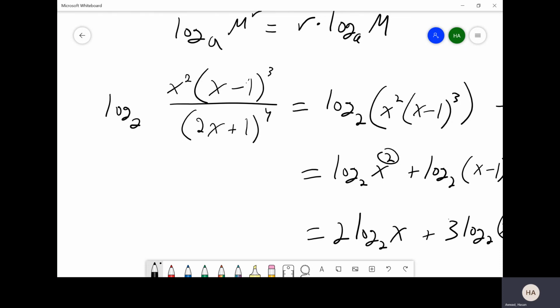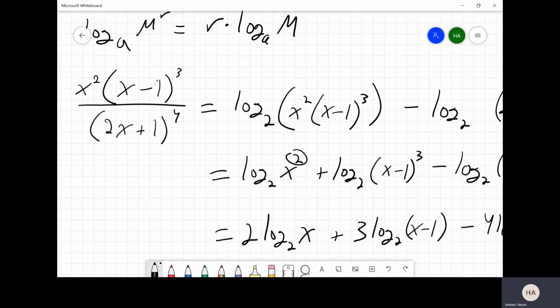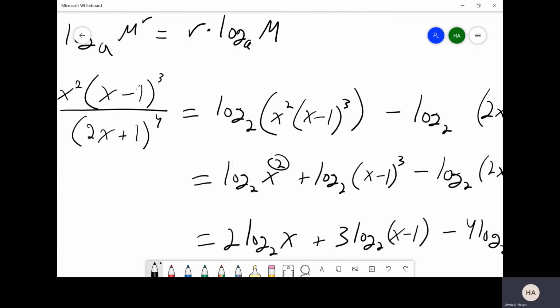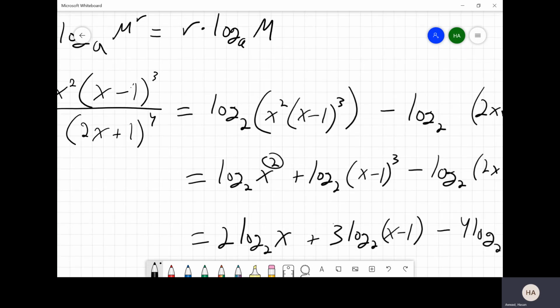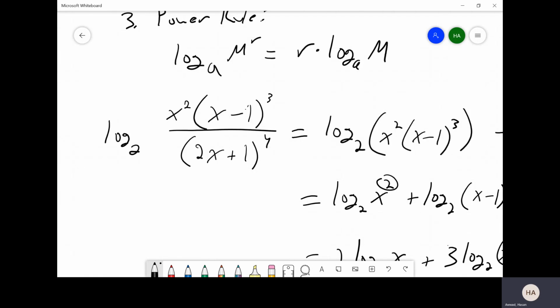Now, for the record, I did the quotient rule first. I split this up, numerator minus the denominator, right? What you can also do, and it's not incorrect, is handle the numerator first by using the product rule. If you do the product rule first, totally okay.